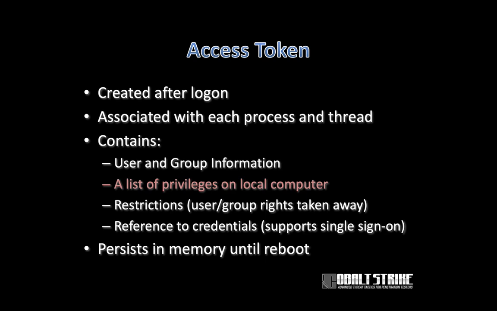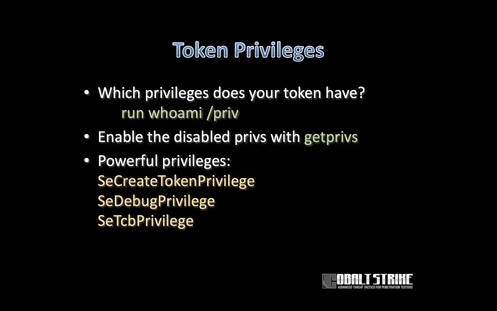We'll talk about that during lateral movement. Another thing access tokens have is a list of something called privileges. Privileges dictate which types of privileged actions your current access token allows.